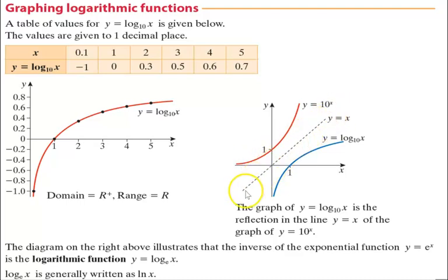And we can see that the line y is equal to x is a mirror line in between the two curves, and it goes through 0, 0. So the points on this line would be 0, 0, 1, 1, 2, 2, 3, 3, and so on. And also obviously -1, -1, -2, -2, -3, -3, and so on. So the line y is equal to x forms a mirror line between the two functions.